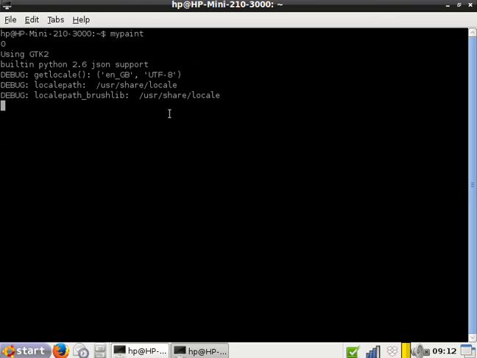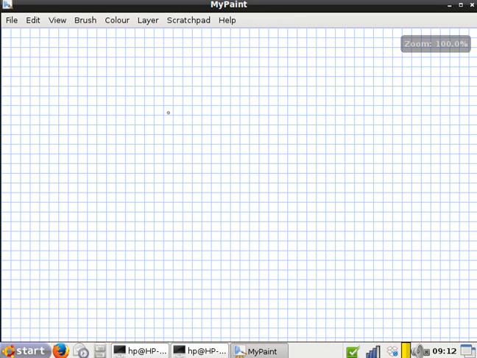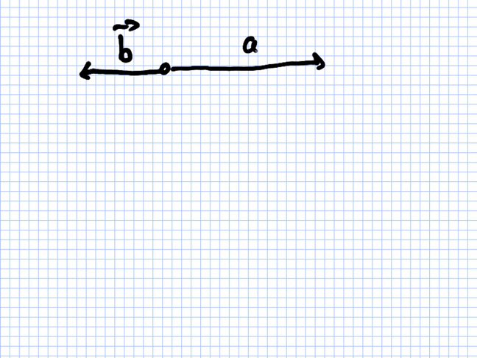Okay, first one, from the homework, 1 part 5. So we have B is here, A is here.